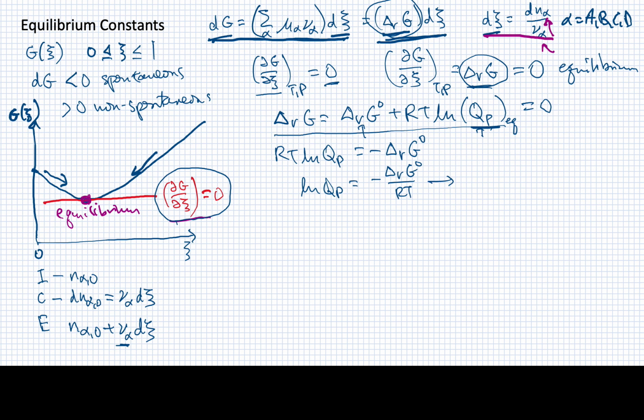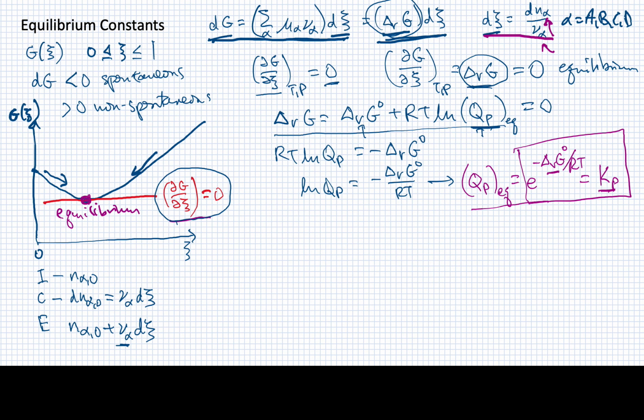And then at the end, what I'll end up with is an expression for QP, and I'll again specify that this is equilibrium, and it's going to be equal to e to the minus ΔrG0 over RT. And since this is at equilibrium, we have a special symbol for that. We call this Kp. So this is, in fact, the relationship that allows us to relate an equilibrium constant to this reference standard for the Gibbs energy change for this reaction.